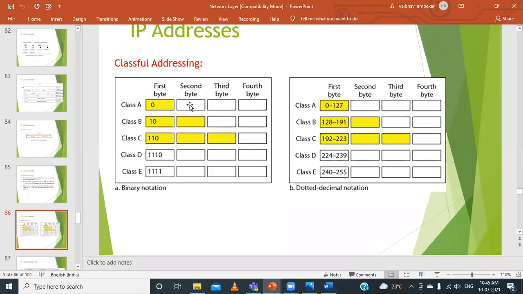So we can have millions of combinations of IP addresses, and these can be assigned to computer systems or routers. Class D is from 224 to 239, and class E is 240 to 255. Usually we prefer using class C, 192 to 223.